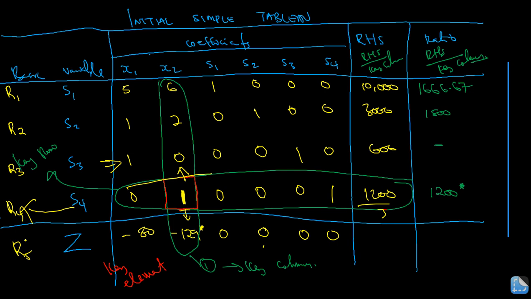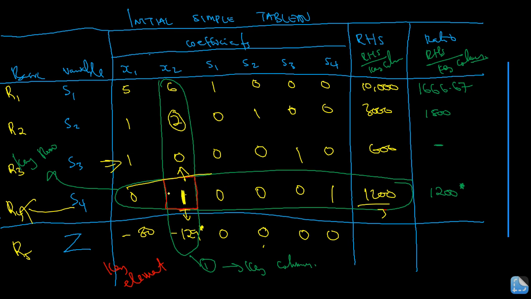Okay, now what you want to do, as I have mentioned already, is we need to make this 2 here to be a 0 with the help of our key element, this one which is here. Are we together? What I'm saying is we need to make this 2, the 2 which is in row 2, to be a 0 with the help of this one which is in row 4.